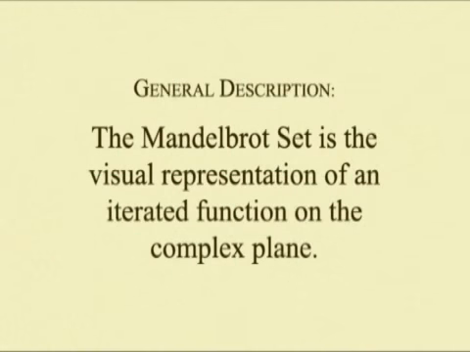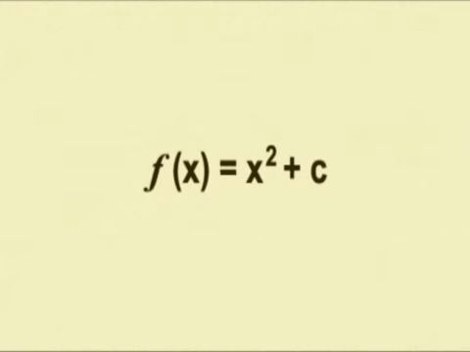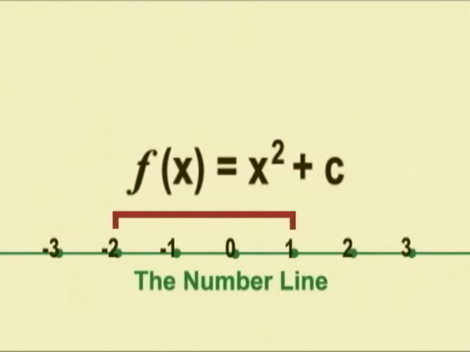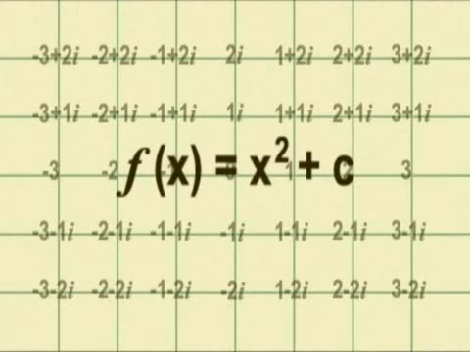The Mandelbrot set is the visual representation of an iterated function on the complex plane. In fact, it's the same function we've just studied. And now that you understand the strange results of iterating this function with real numbers between -2 and +1, it's time to look at what happens when we use complex numbers in the same neighborhood.